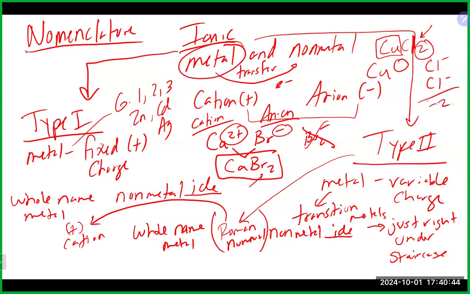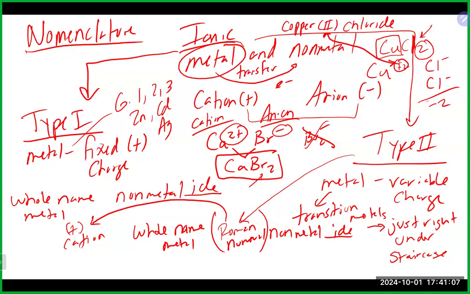That gets us a -2 overall in terms of the negative charge. Again, to balance it out here, the copper would have a +2 charge in this case. And the name here would be copper, Roman numeral 2, chloride. And the Roman numeral 2 is again for the charge there on the metal.